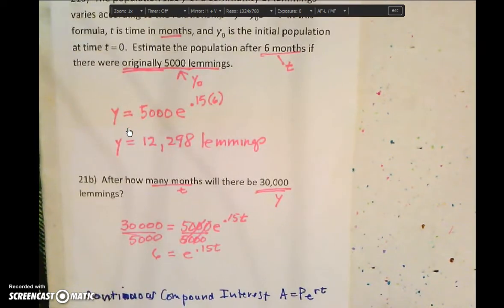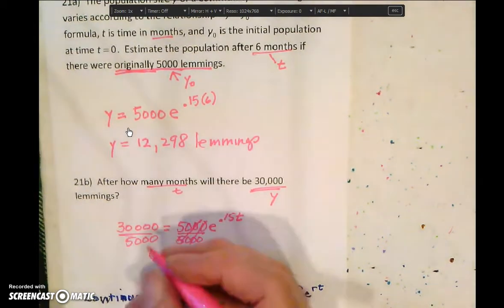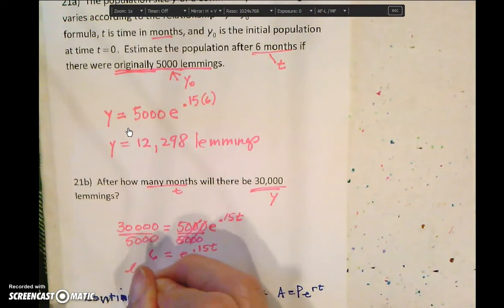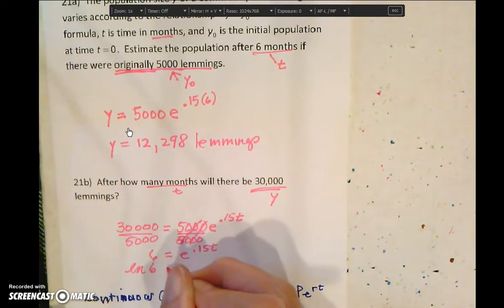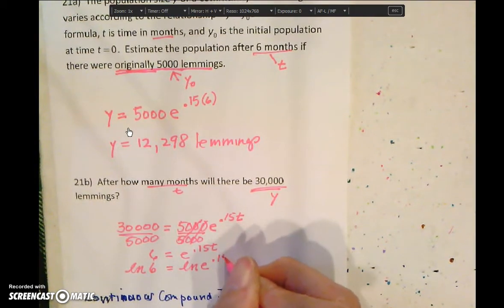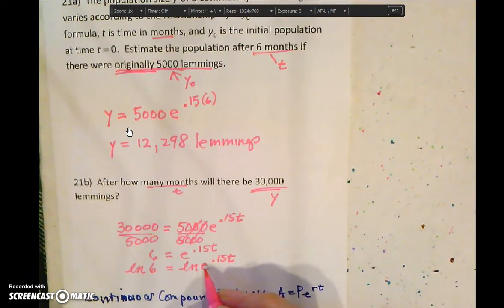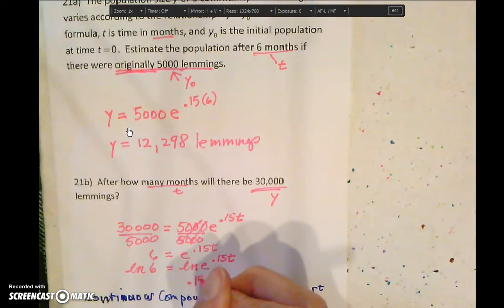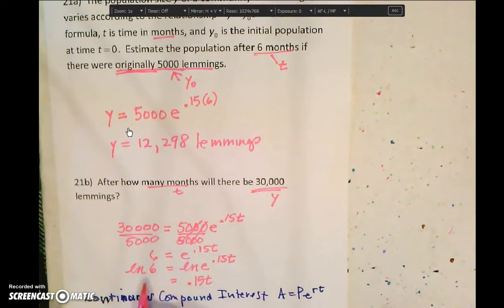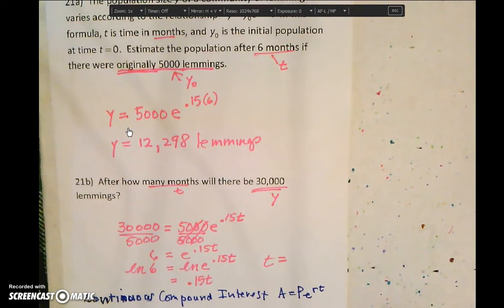So now what I want to do to get the t out of the exponent is take the ln of both sides. So ln of 6 is equal to ln of e raised to the 0.15 t. And again, e to the power is going to give me the 0.15 t here. I'm going to put this in my calculator, get a number, and then I'm going to divide it by 0.15 to figure out what t is equal to.